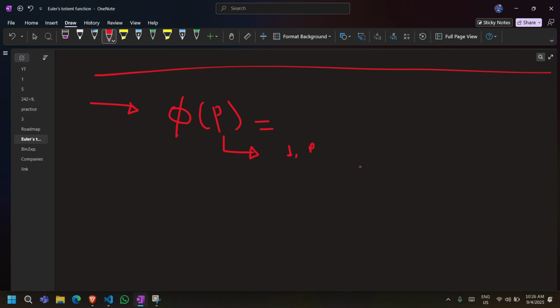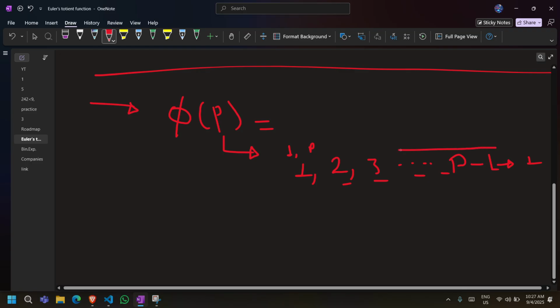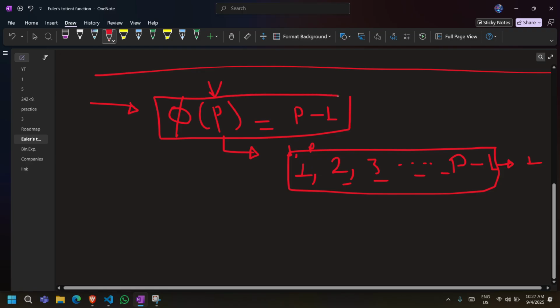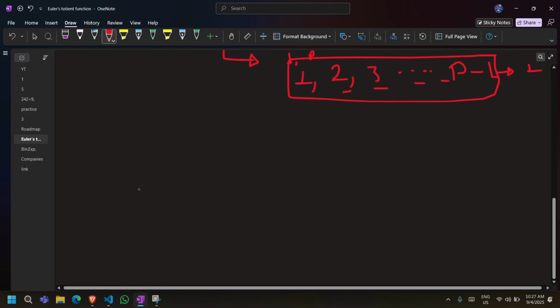So first of all, the numbers between 1 and p, 2, 3 up to p minus 1, when you take GCD with them, there is no common divisor, so it will give 1. And also GCD of 1 comma p is 1. So how many numbers have GCD 1 with p? p minus 1. So phi of a prime number is the prime number minus 1.